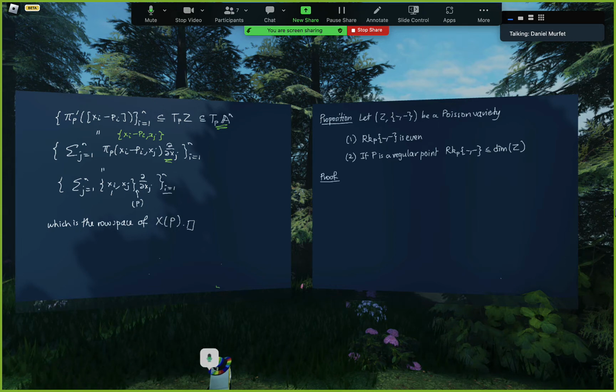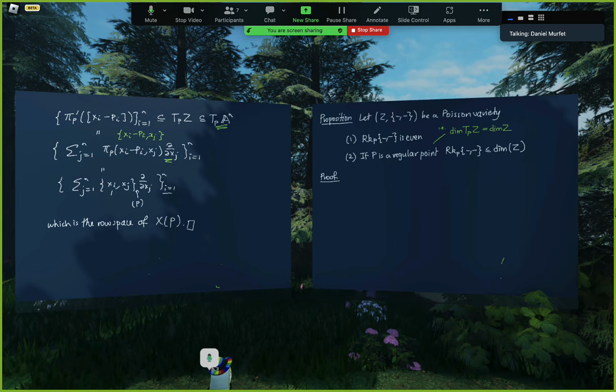If we have a regular point, that is to say, a point where the dimension of the Zariski tangent space is equal to the dimension of Z. The dimension of the Zariski tangent space is always greater than or equal to that dimension, but it may be more if it's a singular point. Okay, so assume it's a regular point of Z.